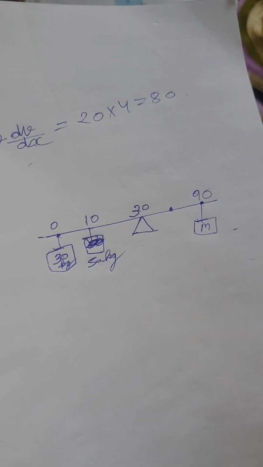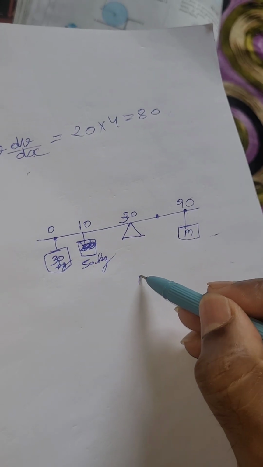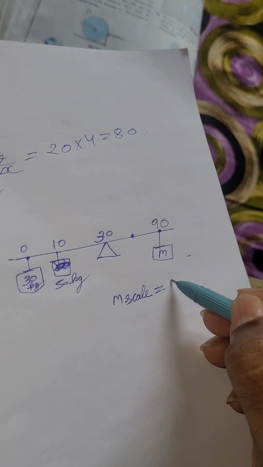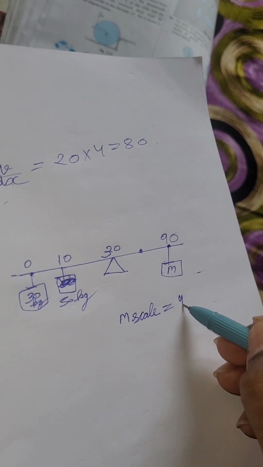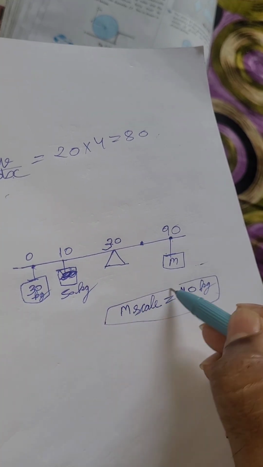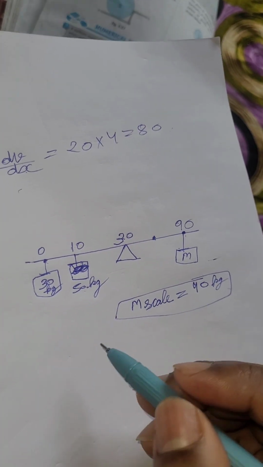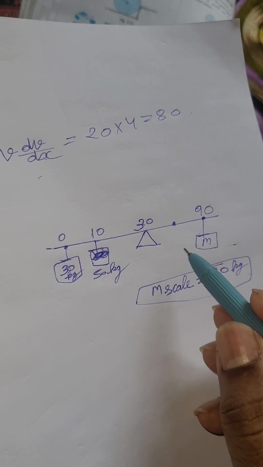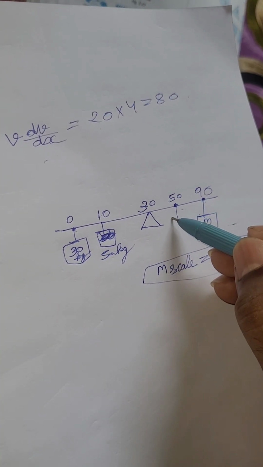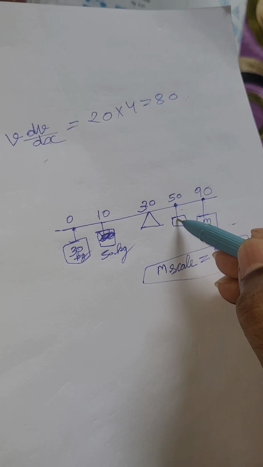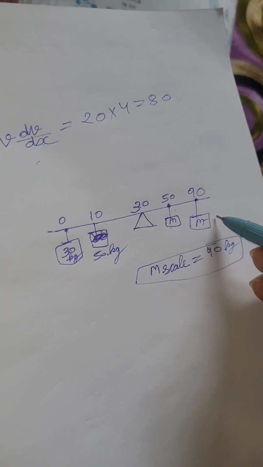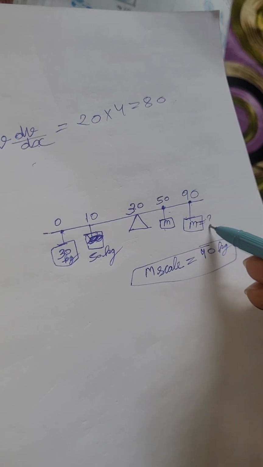Okay, let the mass of scale be 40 kg. So see, here at 50 there will be the mass of the scale, that is for this mass. Mass I have to find.